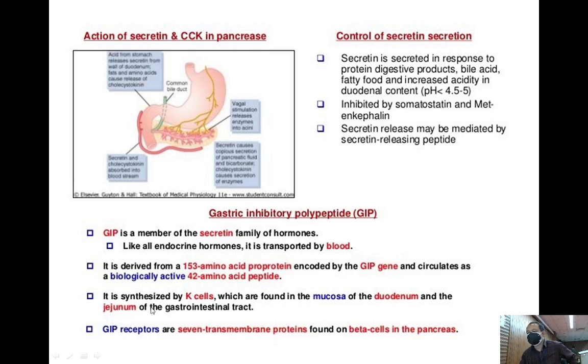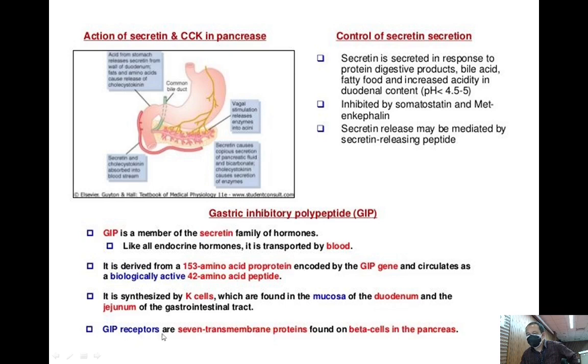Sometimes we get confused by the names of these cells. So K cells in the duodenum and jejunum release GIP, whereas I cells in the duodenum and jejunum release CCK. Now you have GIP receptors, which are 7-transmembrane proteins found in the beta cells of the pancreas. See, the beta cell is a cell that secretes insulin.